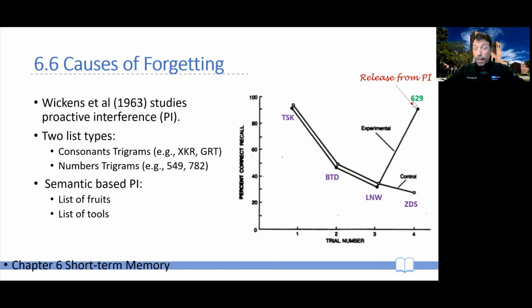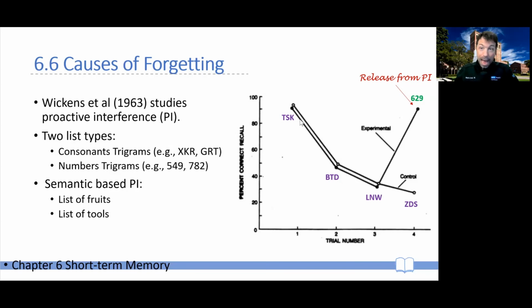And one interesting small aspect of this, but we'll get to it later on, is that this is also telling you that long-term memory is probably organized in a semantic fashion. Because typically we believe that proactive interference is items in your long-term memory, so things you already know, interfering with new items coming into your short-term memory.